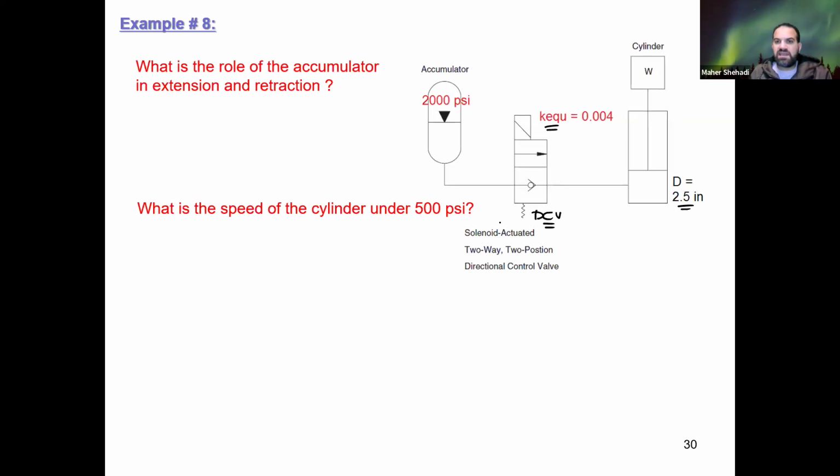Usually we would send a signal somehow to a solenoid, so it opens or switches the position of this, and the flow would go through the DCV into here.